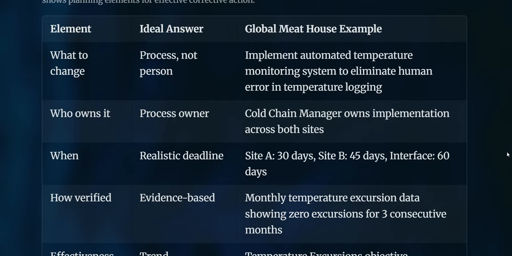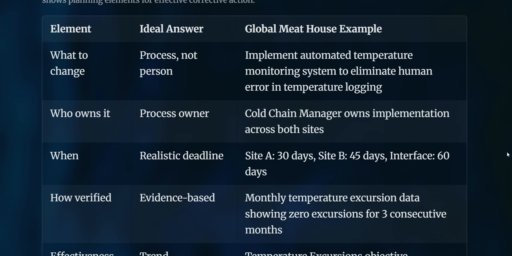First element, what to change? The ideal answer is that we must change the process, not the person. In our Global Meat House example, we will implement an automated temperature monitoring system to eliminate human error in temperature logging.